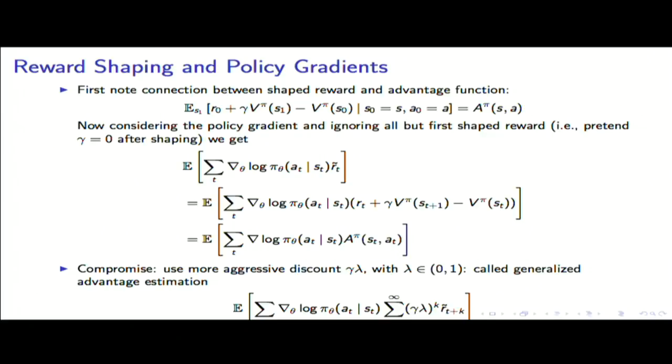But we could imagine doing a compromise between this policy gradient estimator and the original, unbiased one, where we take some kind of more aggressive discount. So instead of using 0 as the discount, we use gamma lambda for some lambda less than 1.